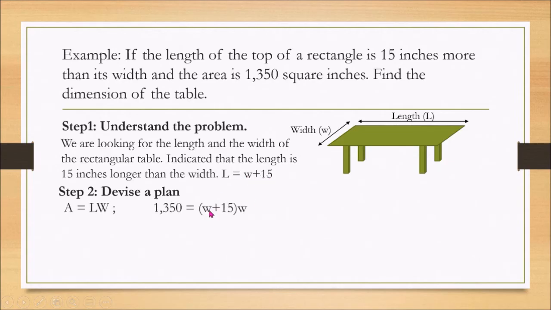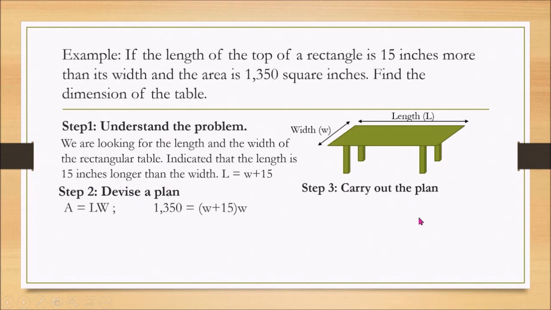So the length is W plus 15, times W. Now you may multiply W times W and 15 times W.